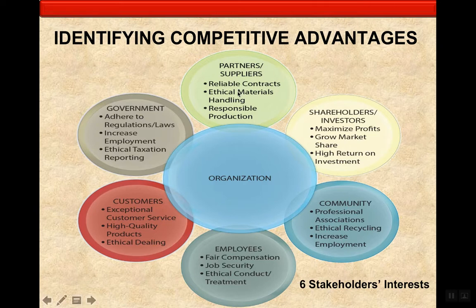Organizations have partners and suppliers, basically the people who provide raw materials or services, enabling them to do what they need to do. Organizations have employees, obviously, dealing with compensation, ethical treatment of employees, all of this stuff. These are all in play.